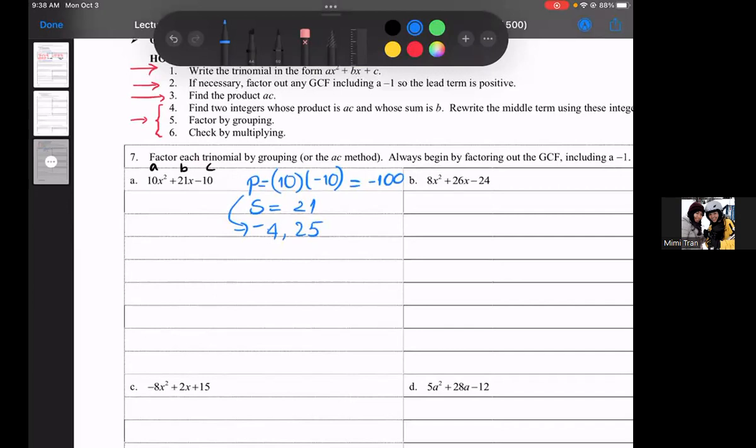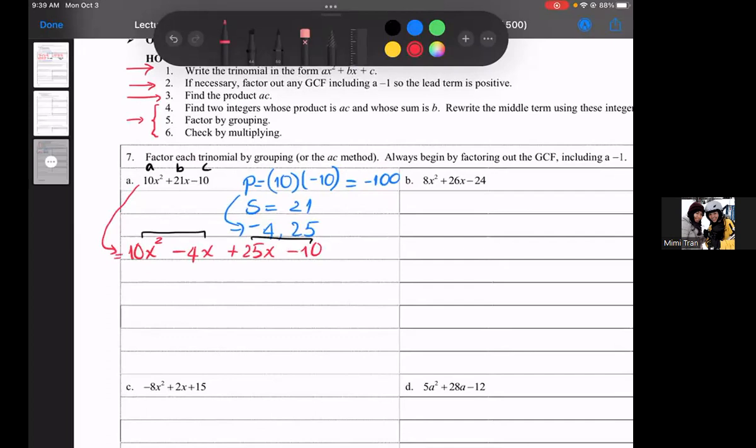And then the last 3 steps are the same as we did before. What you do is 10x squared, and then split the middle one into minus 4x plus 25x minus 10, and then grouping. You factor out the first group.